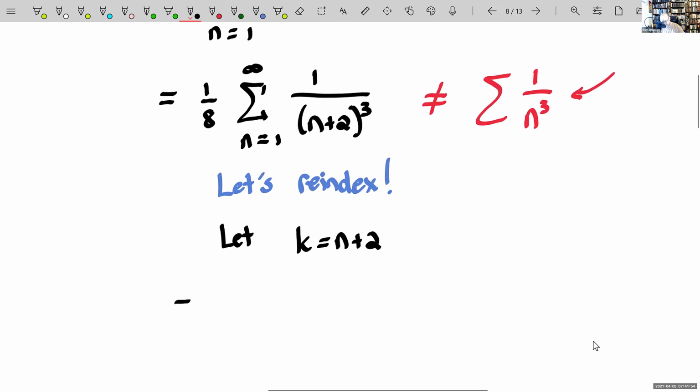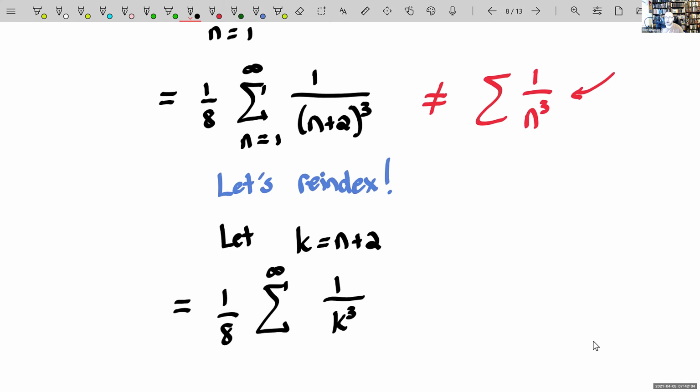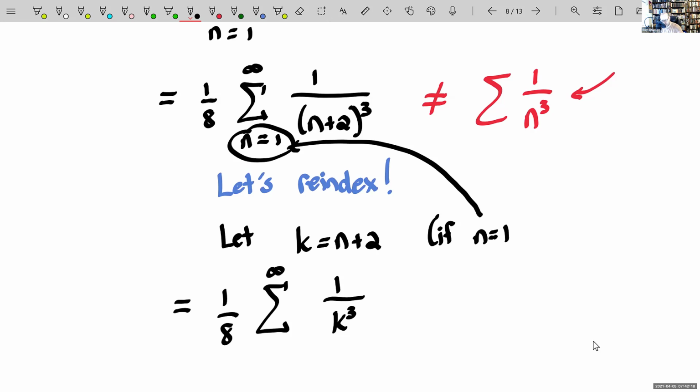Well, if we did that, we'd have 1/8 times the summation, and I'm not going to write down the lower limit there. It'd be 1 over k cubed. Super nice. Now let's figure out what k is if n is 1. If n equals 1, because that's where we're starting, then k is equal to 3, just 1 plus 2.